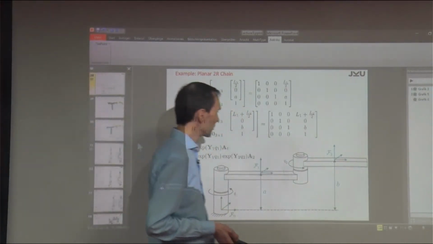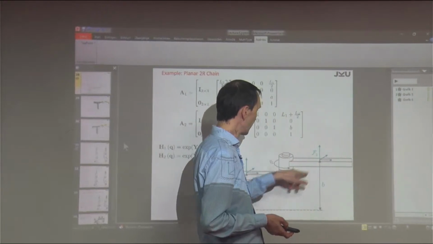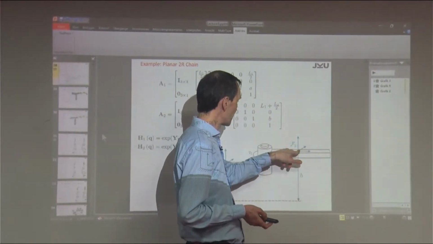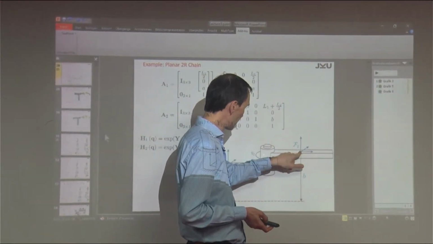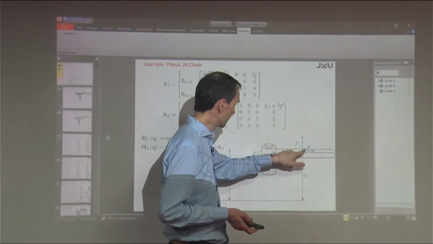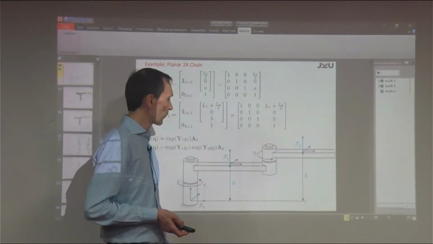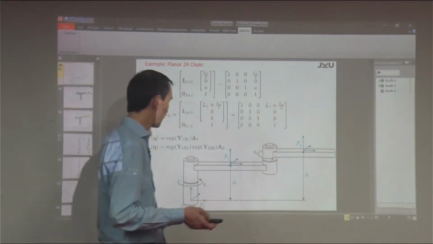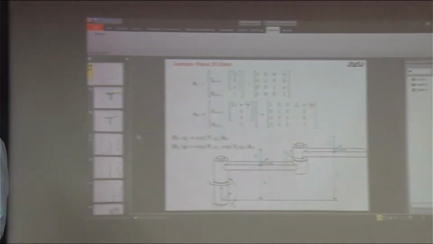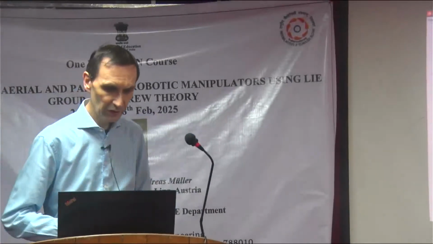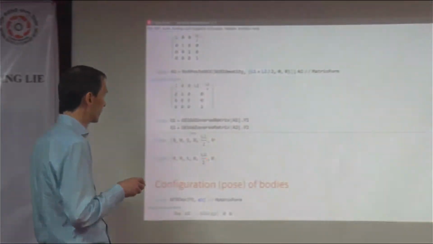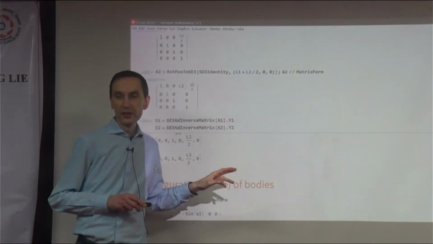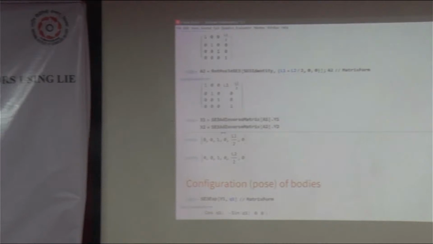Because you're measuring the unit vector of this axis in this frame, and the distance from the frame to the axis. Of course, now it's not L1, it's L2 half, but the rest is the same. So you should get the same, just replacing L1 with L2. And there we go. So now we have the body fixed screw coordinates.